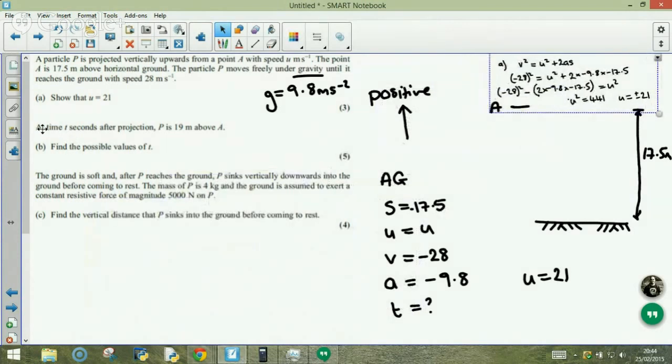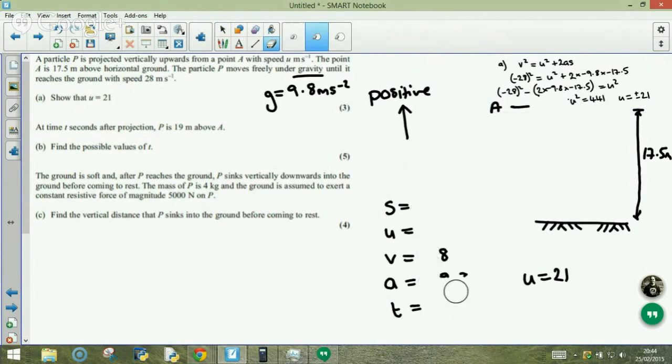Okay. Next part, at time t seconds after projection, P is 19 meters above A. Find the possible values of T. So what we're going to need to do now is take this little lot and start over.